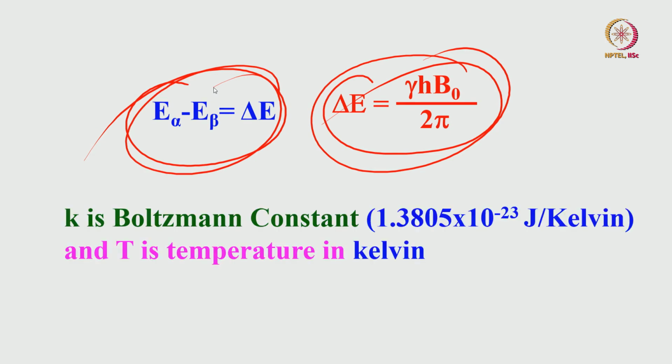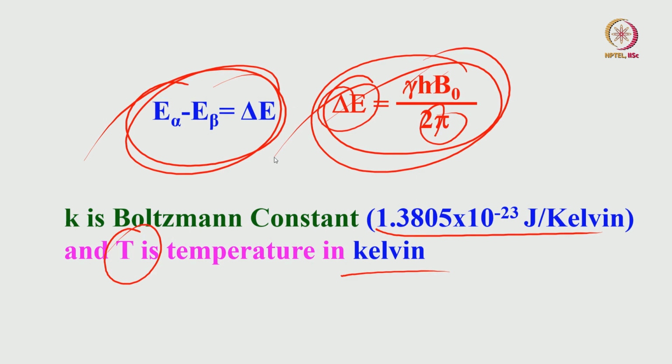The Boltzmann constant is very well known, a constant easily available, and I know the temperature, expressed in Kelvin, at which I am doing the experiment. I know gamma, B naught, h and 2 pi, so I can calculate the energy separation.